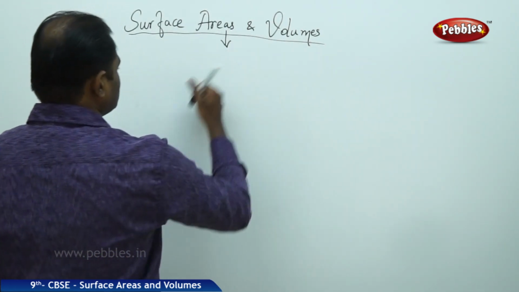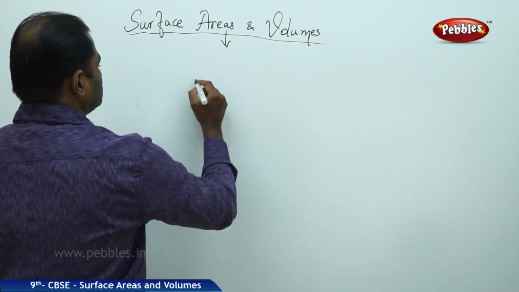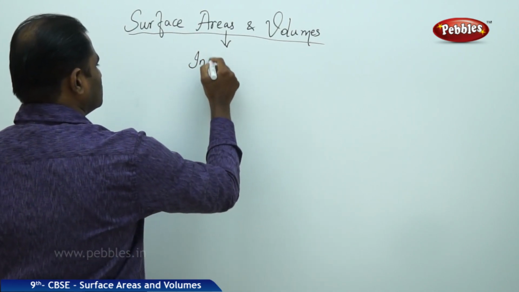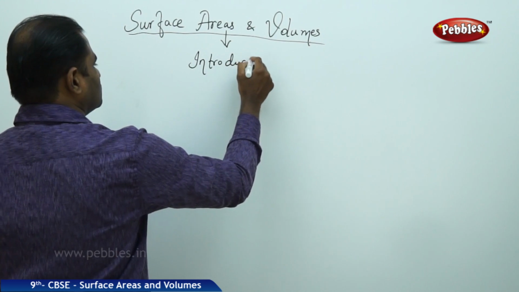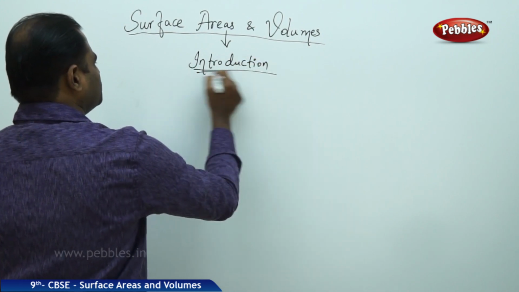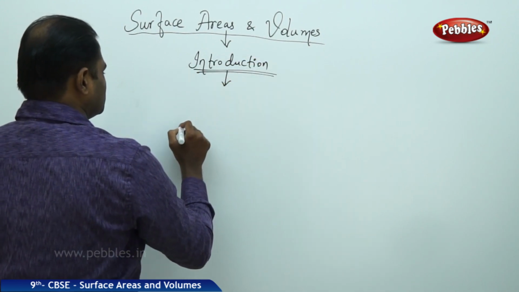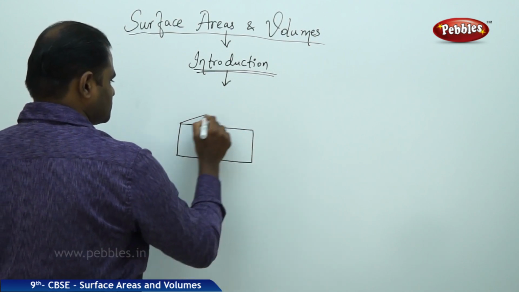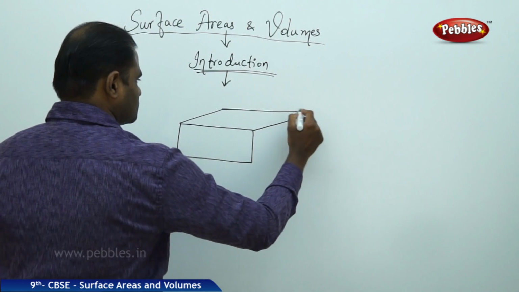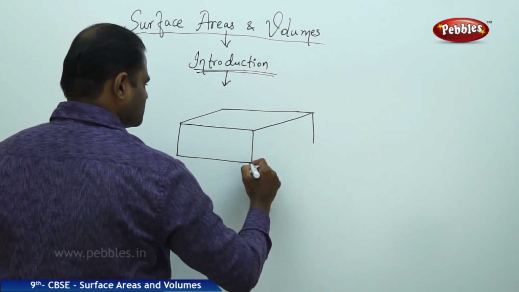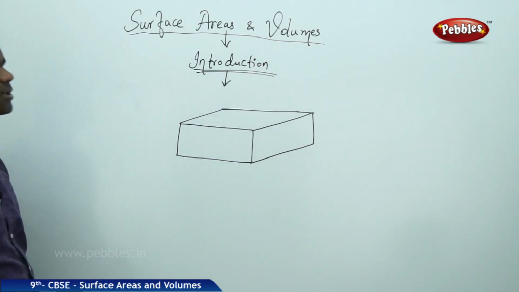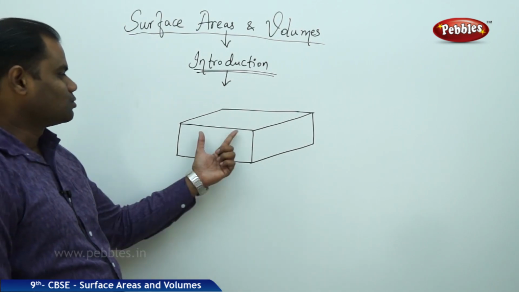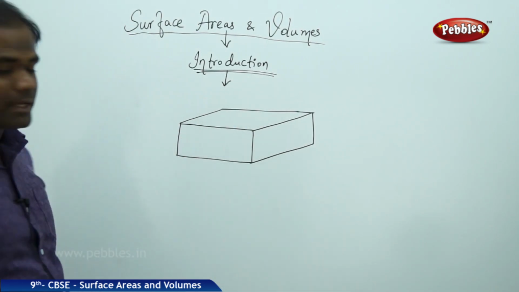So when it comes to a cuboid, let's draw a cuboid and understand the concept. Here is the cuboid, assumed to be seen from this angle.